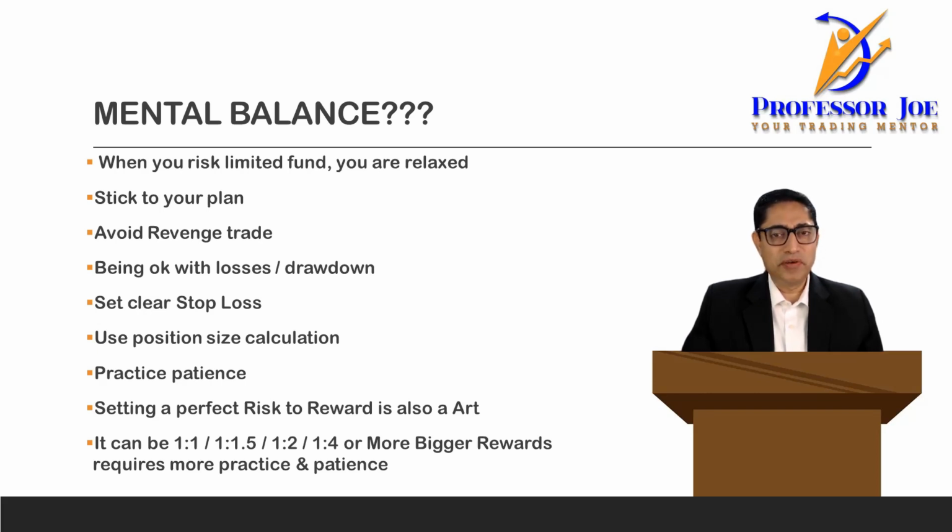A risk to reward can be 1:1, it can be 1:1.5, it can be 1:2, it can be 1:4. Remember one thing, the higher the risk to reward, that means if it's 1:4, the chances are that your profit, that is your take profit, might come once in 5 trades, once in 6 trades.